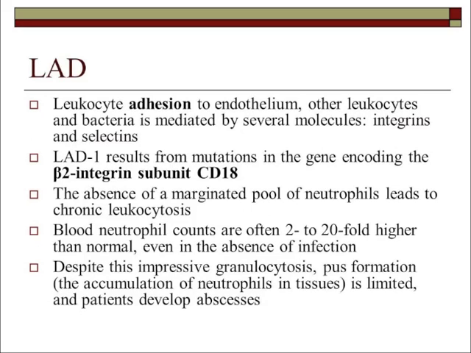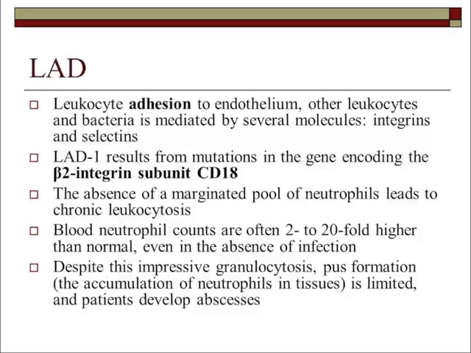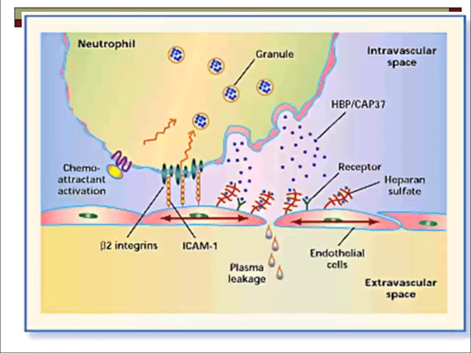So moving on to leukocyte adhesion disorders. Basically, there's these molecules, and I'm going to quickly do an overview of these. There's these molecules called integrins and selectins, and they basically help the neutrophil attach to the endothelium, right? So they attach and they roll and they inspect everything.